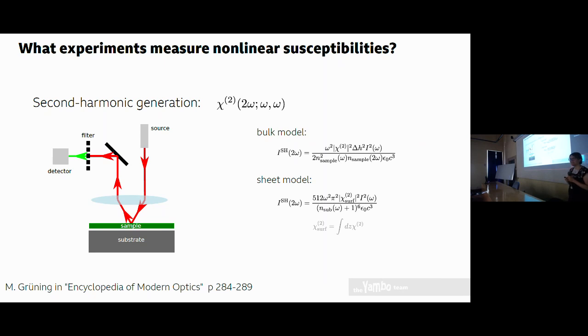Nicolas, you calculated interfaces, but you look at centrosymmetric ones, usually, or not?